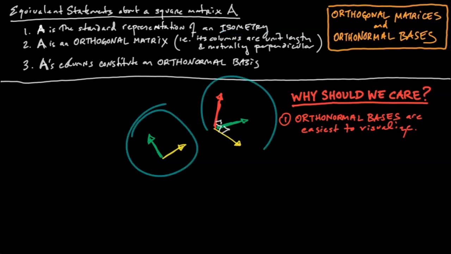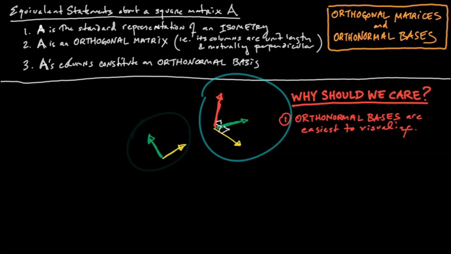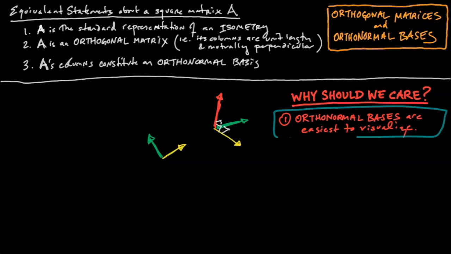So the grids that these things determine are familiar grids of squares or cubes or hypercubes in higher dimensions. And we don't have to think about the distortions that come with parallelograms or parallelepipeds or parallelotopes. So orthonormal bases are convenient in part just because they're comfortable. They're what we know. They're what we grew up with. So this is a small reason why we might care about this stuff, but it shouldn't be underestimated.